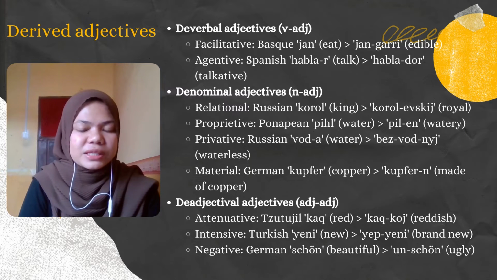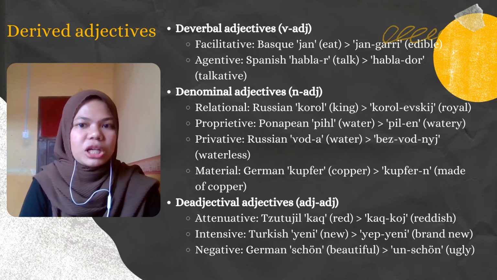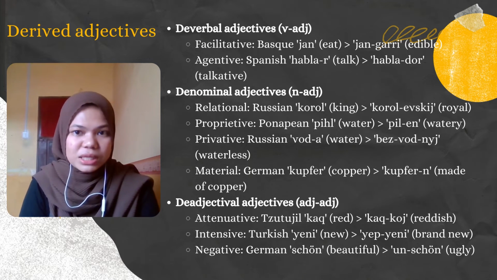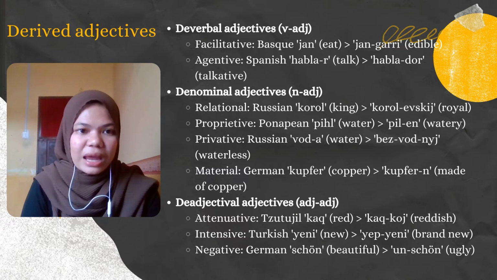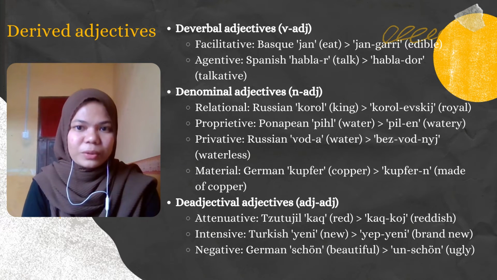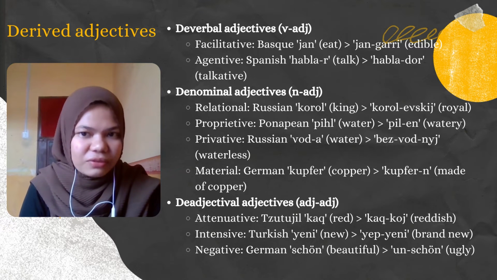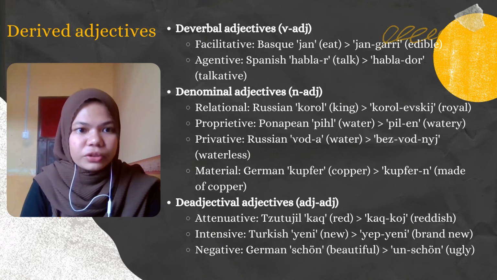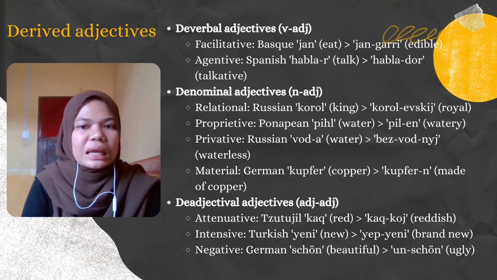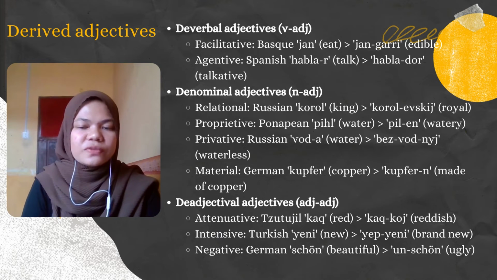The last pattern is for the derived adjectives. The first one is the verbal adjectives. We have facilitative adjectives, which is having the capability of doing the verb. Then we have agentive adjectives, which is the characteristic of doing the verb. Next, we have the nominal adjectives.